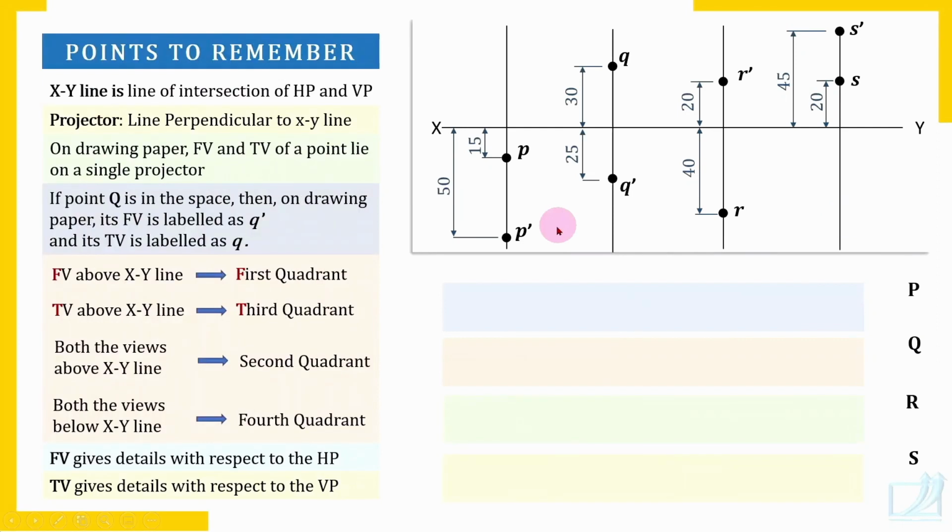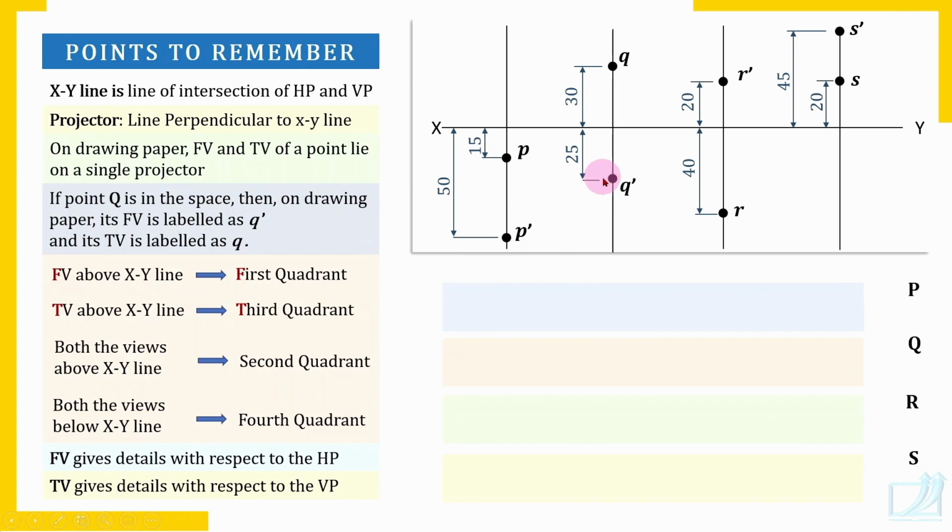Okay. Now tell me which point is above HP. Again, detail with respect to HP is involved in this question. The front view gives detail with respect to HP. So focus on front views of all points. So P is below HP. Q is below HP.